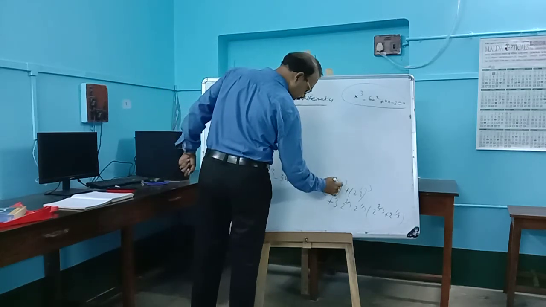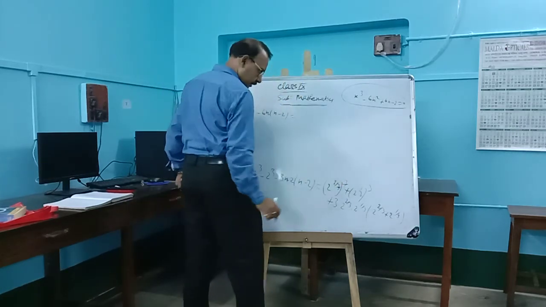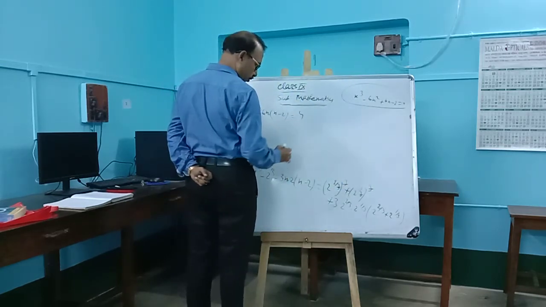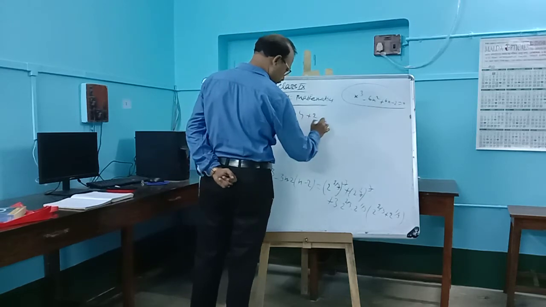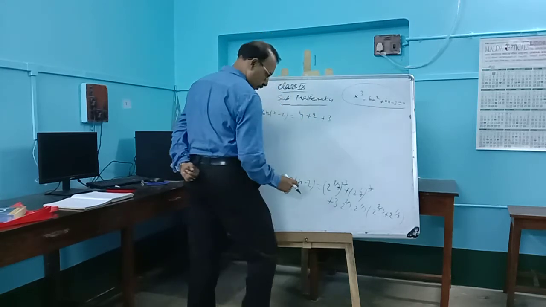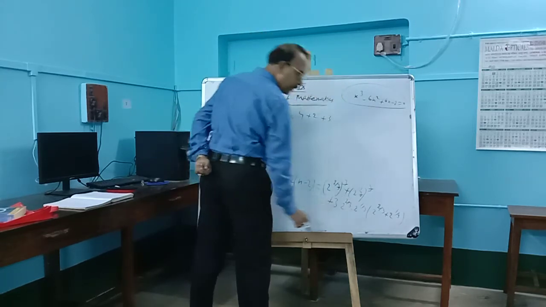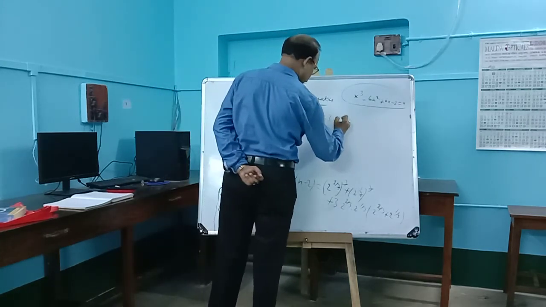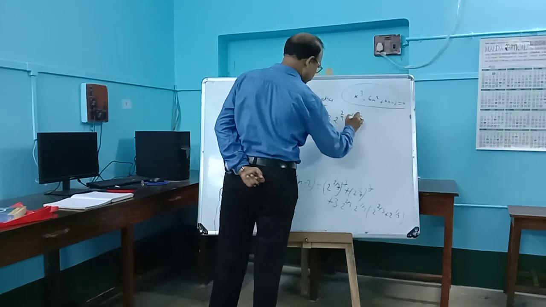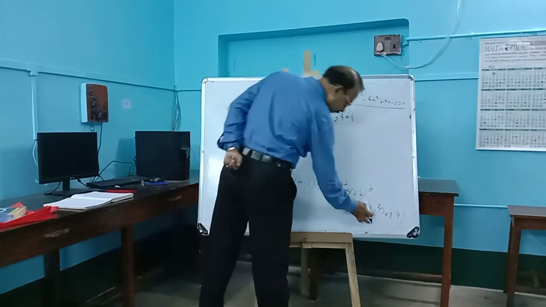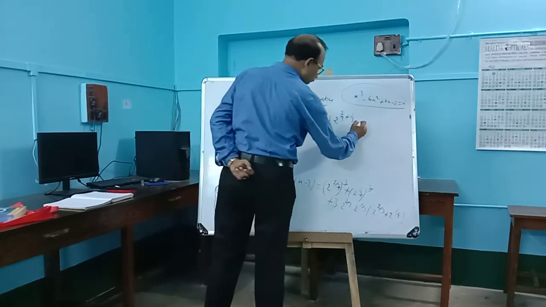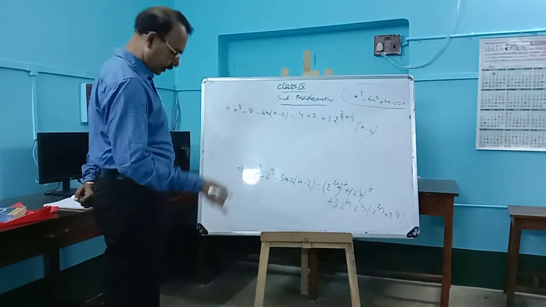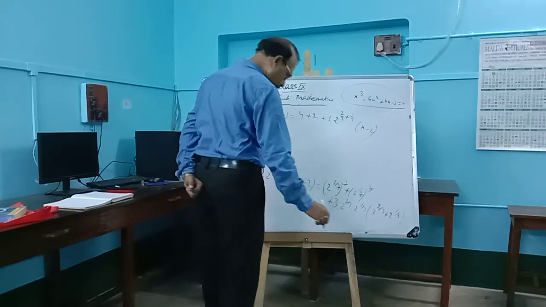The 3 and this 3 will be cancelled. 2 square is 4 plus 2, plus 3 into 2 to the power 3 plus 1 by 3 as the base is the same, the powers add. In place of this, can we write s minus 2? In equation number 1 we have expressed that.